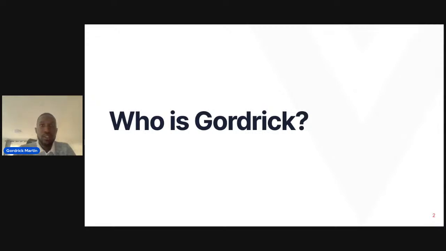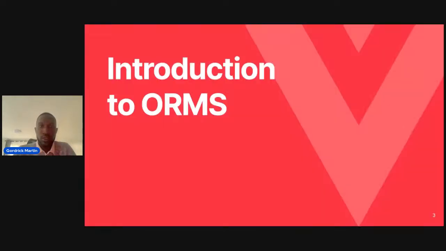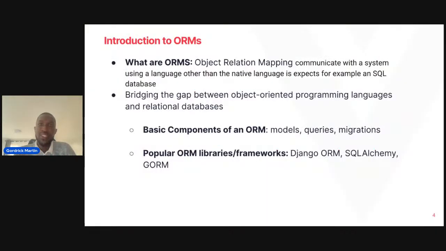So I think I'll just go. What exactly are ORMs? You've probably heard people speaking about ORMs when you're starting to learn about web development and engineering in general. ORM stands for object relational mapping.